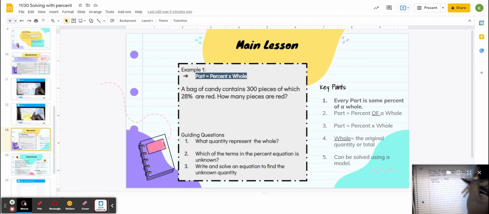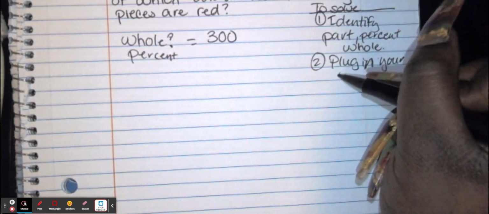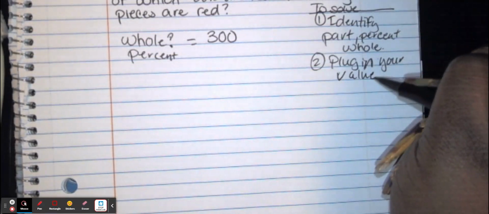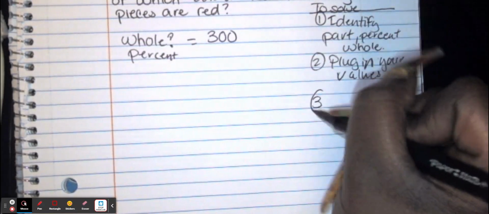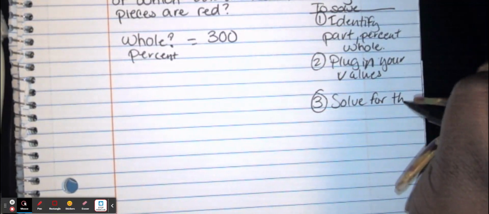So make sure in order to solve for these, identify part, percent, and whole, and then plug in your numbers, which are the same thing as my guided questions down here at the bottom. Number two, plug in your values. And number three, solve for the variable.